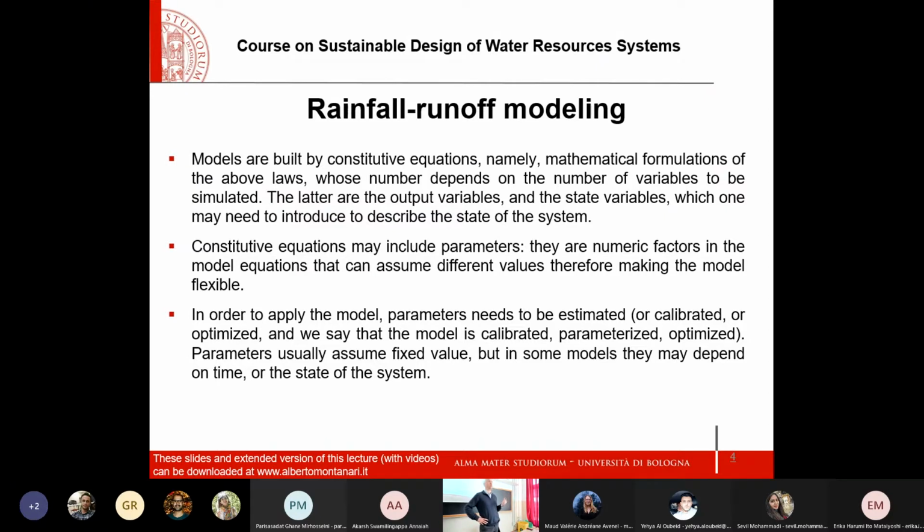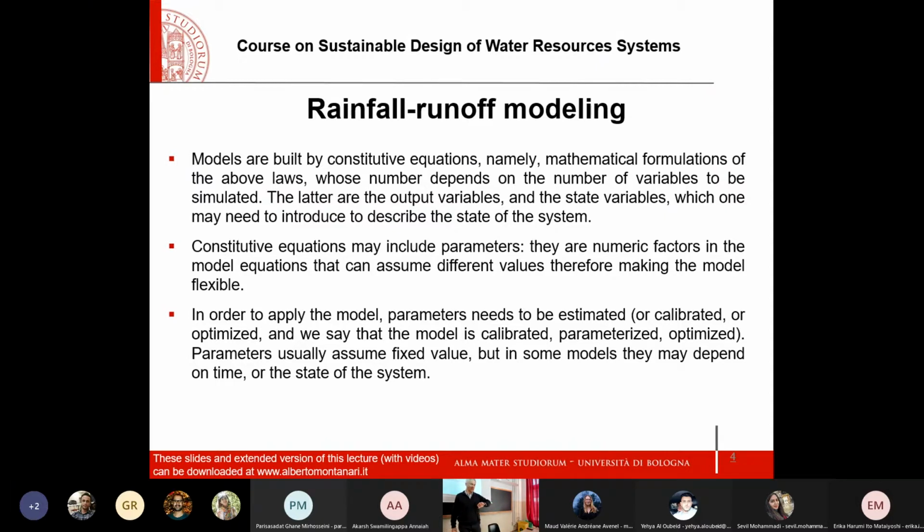And therefore, the first question is, how many variables do I have to describe? And the second question is, what kind of equations, of relationships, of laws, should I use? And then once you have a number of equations equivalent to the number of unknowns, you put the equations into a system and you solve it.